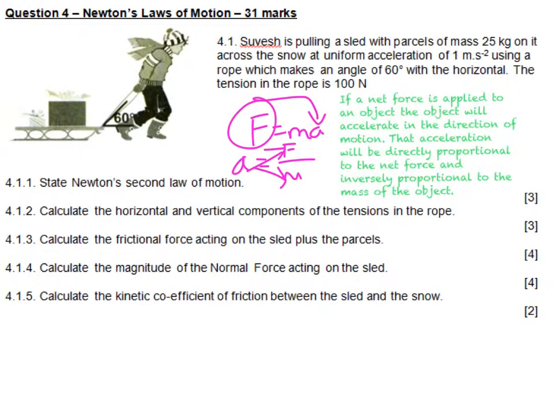Calculate the horizontal and vertical components of the tension in the rope. And so we're going to say, well, we've got 60 over here, a horizontal and a vertical, and we were told that this was 100. So that's my horizontal component, that's my vertical component, and vertical is opposite, so it's going to be sine.